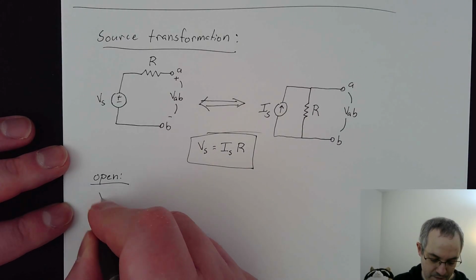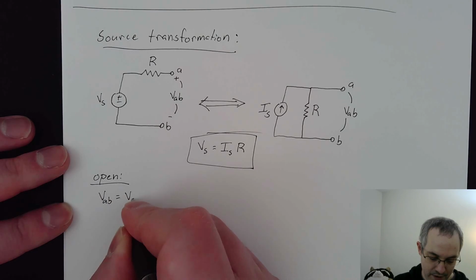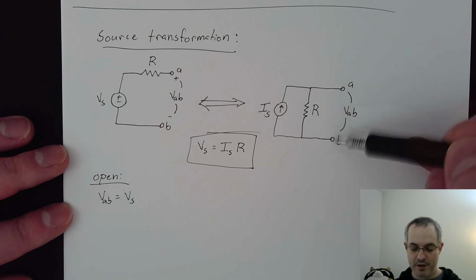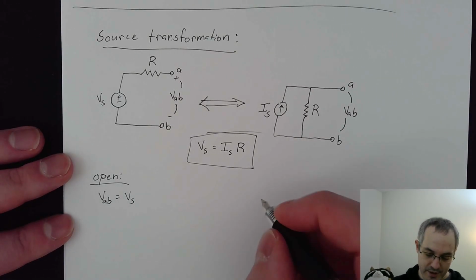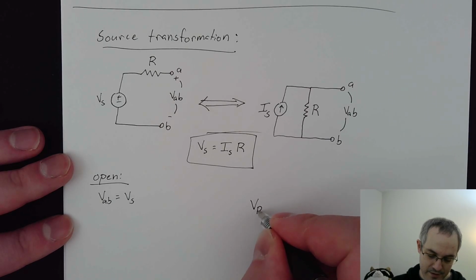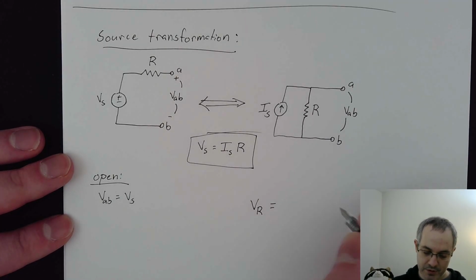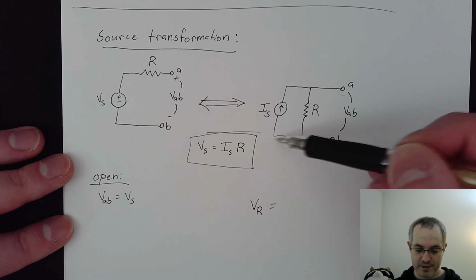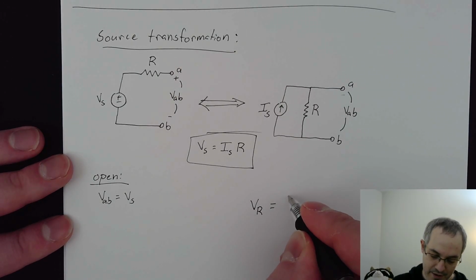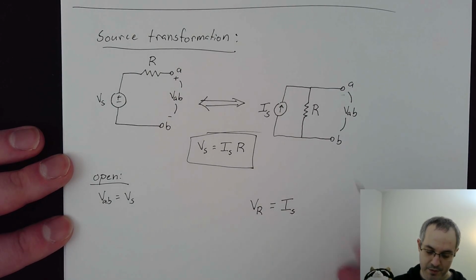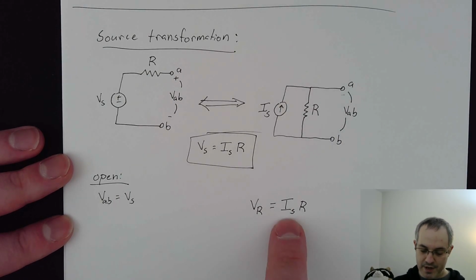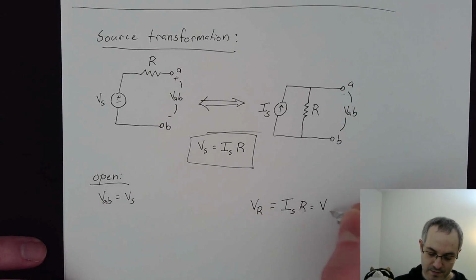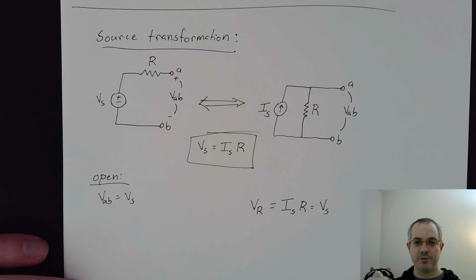So that's just going to be VAB is equal to Vs. When you're on this side, the voltage across A and B here is the voltage across the R. Well, the voltage across the resistor R is equal to however much current is going through there, which since this isn't closed, it's just going in a loop like this, which means that that current is just Is times the resistance, which is R. Well, that's IsR, and remember we'd said this, therefore that is just Vs. So it's the same.